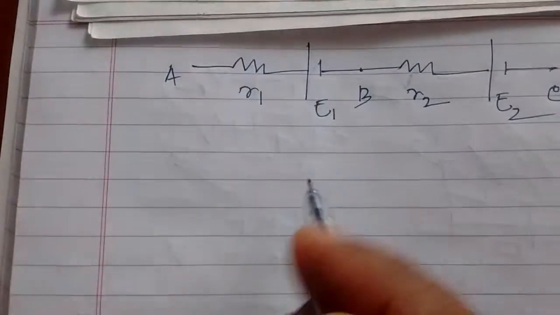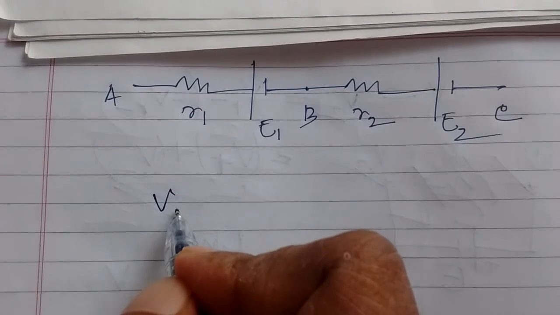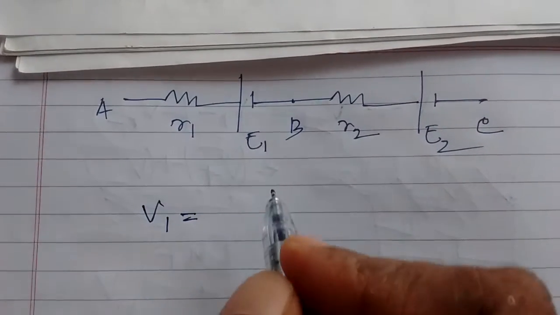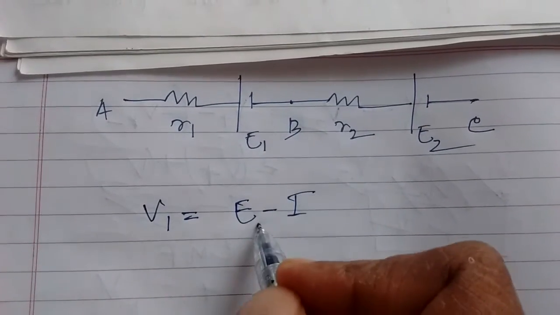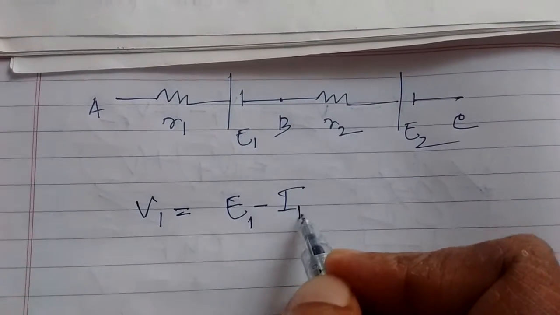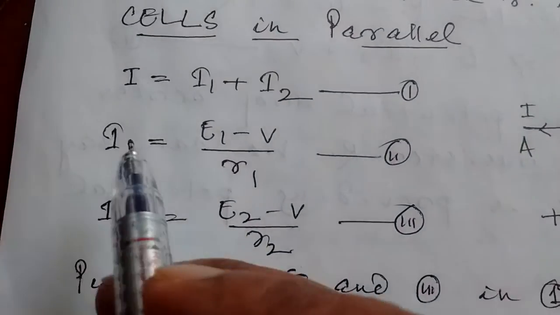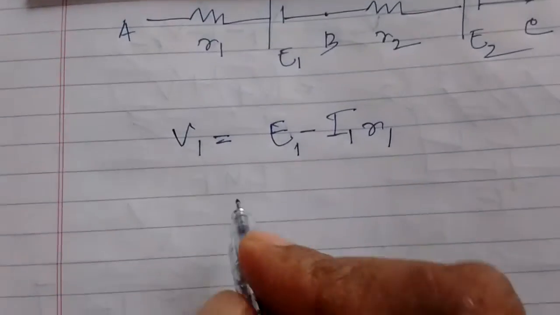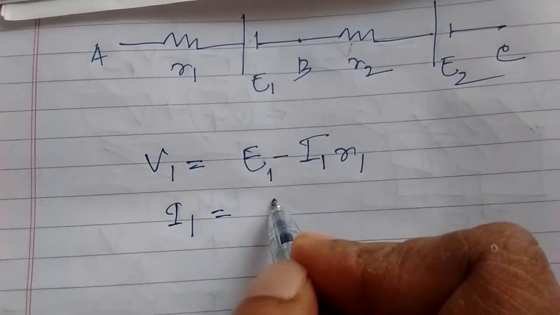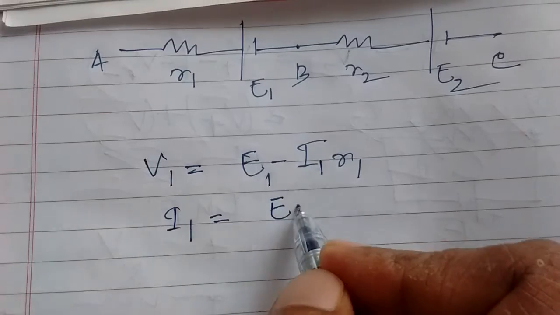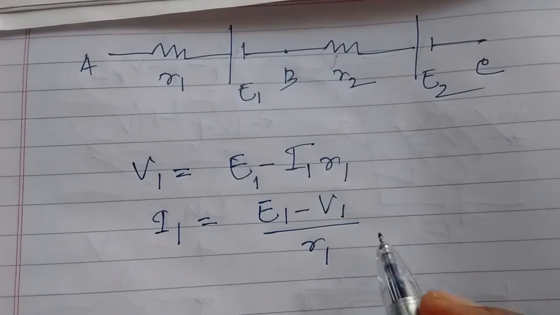So I can write the equation as V1 is equal to E1 minus I1 R1. I want to find the expression for I1, so I1 is equal to E1 minus V1 divided by R1.